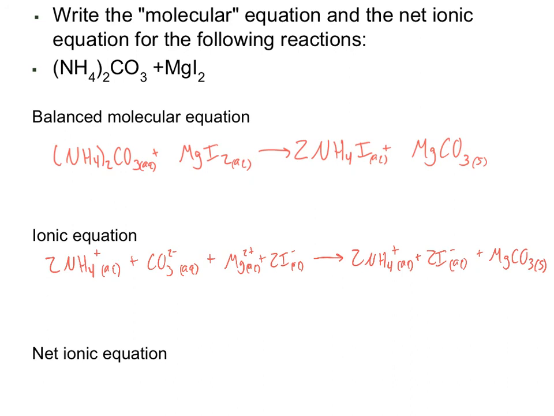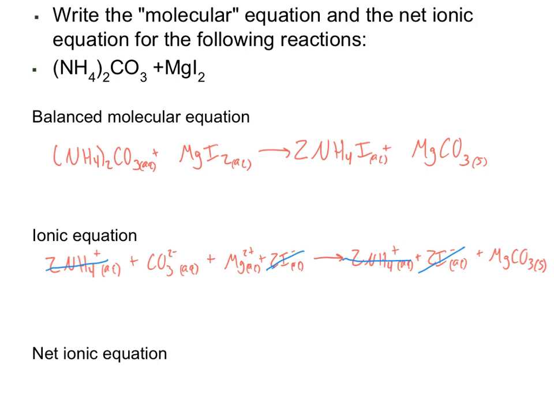And so now let's look for our spectator ions. We can see that in the reactant side we have 2 NH4 plus, and in the product side we have 2 NH4 plus. And so we can cross those out. In the reactant side we also have 2 I minus and 2 I minus in the product side.